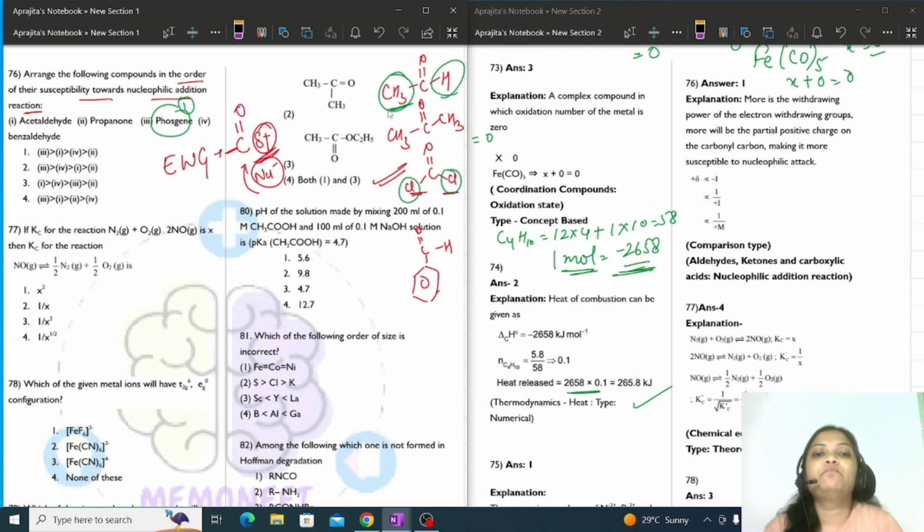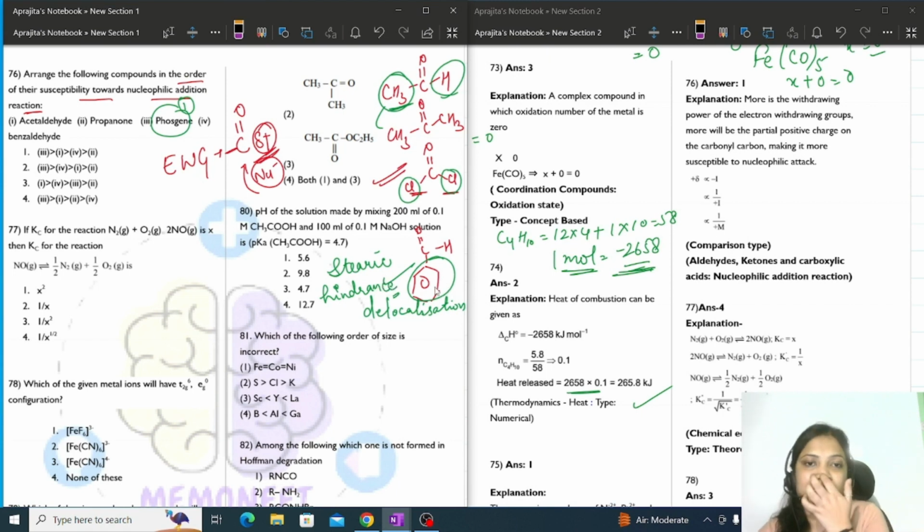Now if we compare acetaldehyde and benzaldehyde, so in the case of benzaldehyde there will be delocalization of electrons with a benzene ring. Moreover, there will be steric hindrance because of a large benzene ring. Steric hindrance would be there. So that is why benzaldehyde will be less susceptible for nucleophilic attack than acetaldehyde.